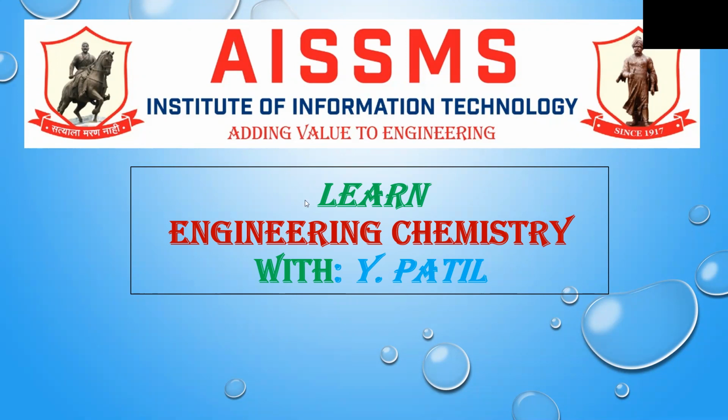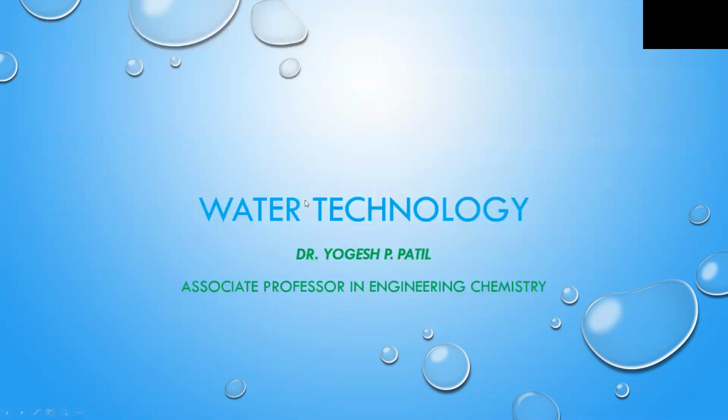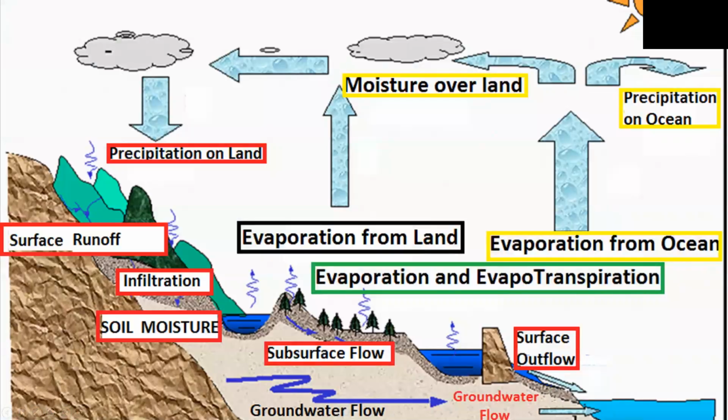All of us are familiar with the hydrological cycle. This hydrological cycle is basically studied in school days. All of us know that surface water gets evaporated due to solar energy.